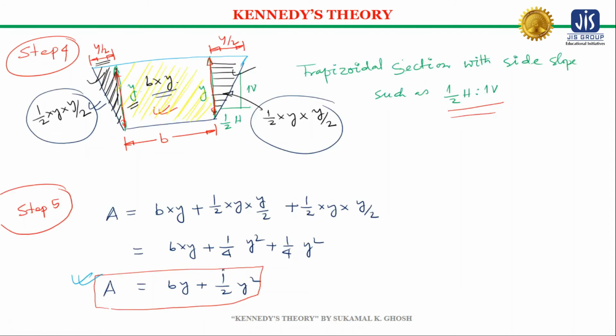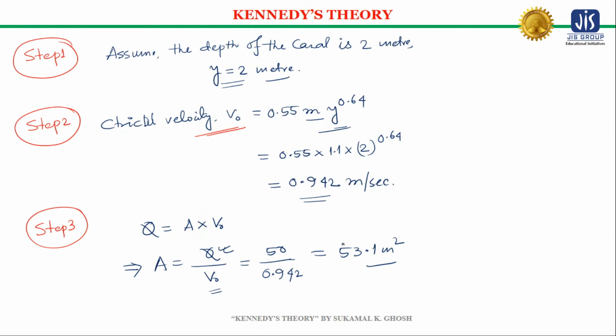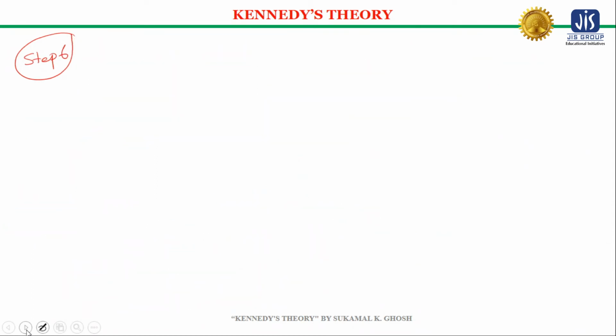We have got this expression for area in step 5 and we have got the value of area in step 3, that is 53.1. So now we have to equate them.